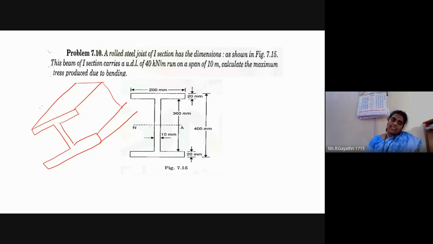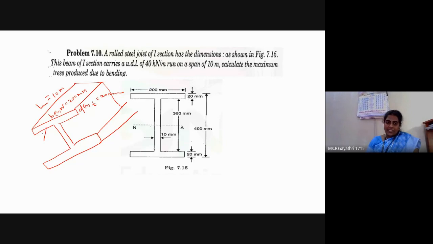It will be like this. This is length, this is breadth, this is depth. Length, breadth, depth, or length with depth, anything. Depth or thickness, anything. The span is 10 meter, breadth 200 mm, depth is 20 mm each.